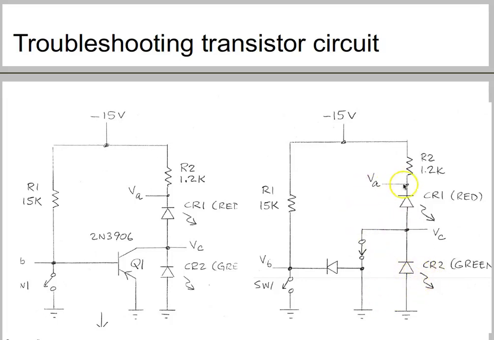In this case, you will have a very negative VA voltage, somewhere around negative 4 volts, and your VB is going to be 0, because the switch is closed, so the voltage here is 0 volts. And you will have some negative VC voltage.